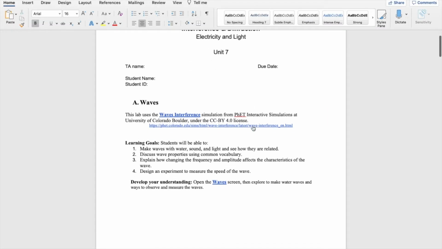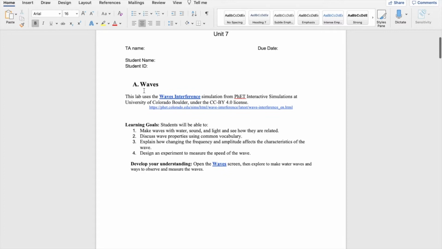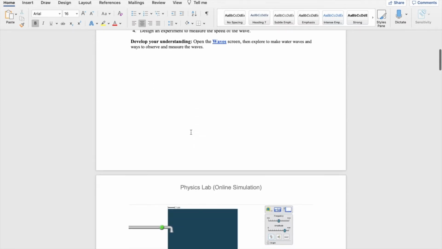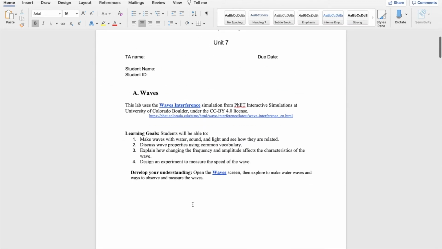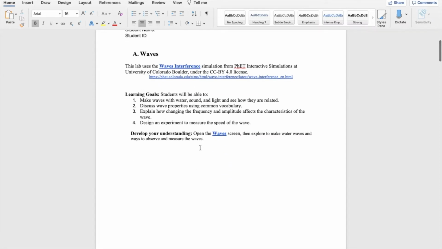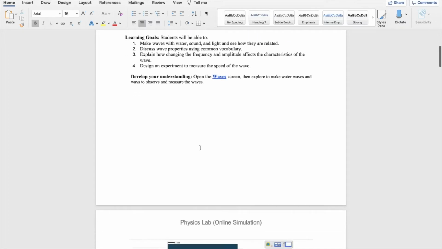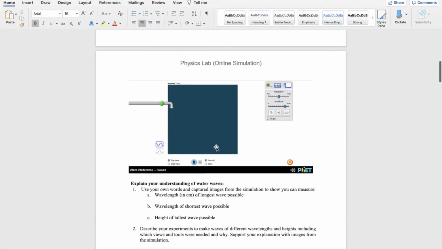This is the manual for today's lab. First, we'll look into waves in general, and we'll move on to the interference and diffraction later. So here, develop your understanding of the waves.